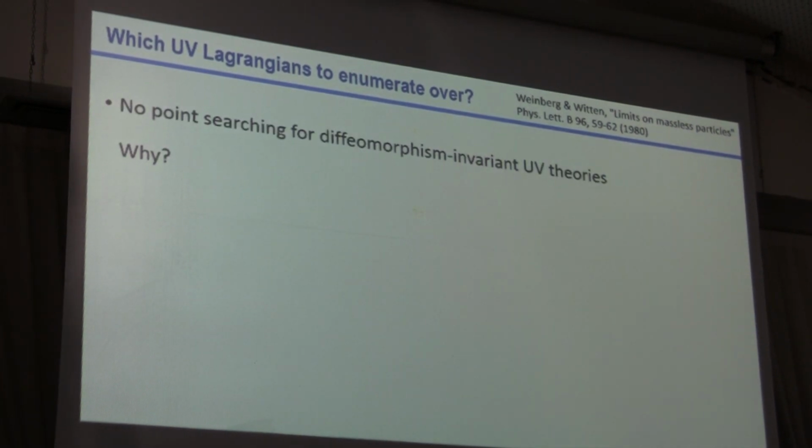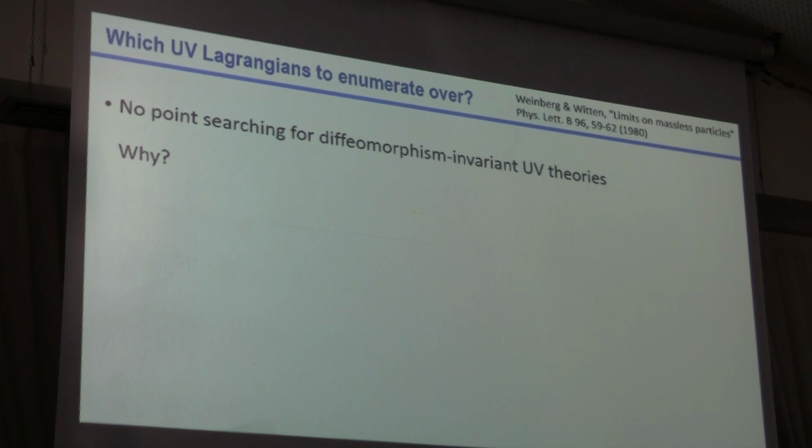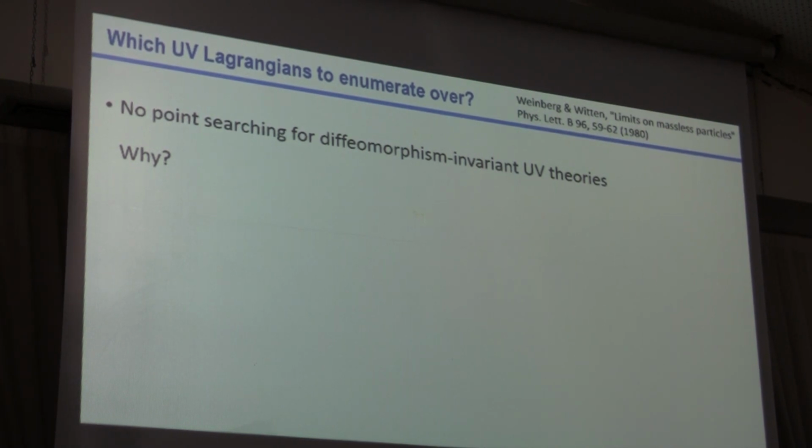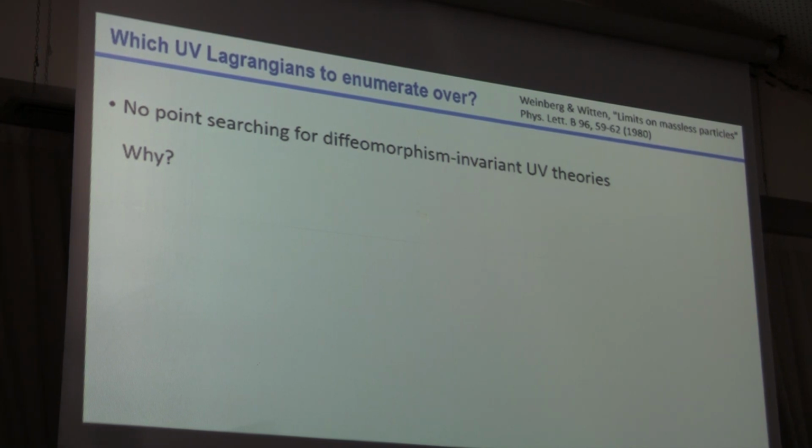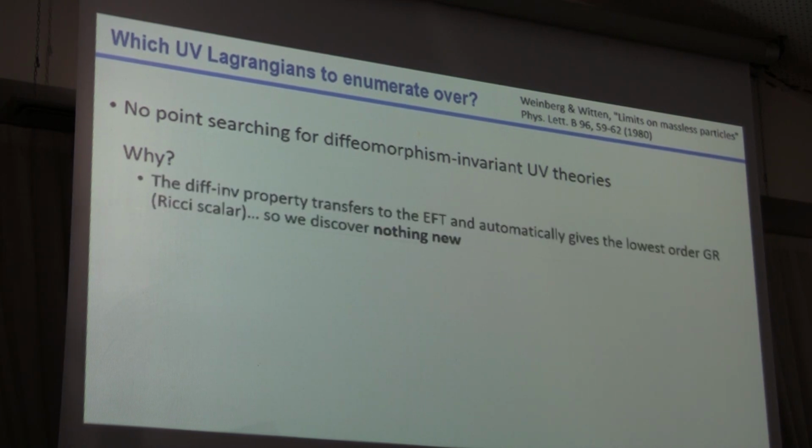And on this, we can say briefly that there is no point searching for diffeomorphism invariant UV theories. And that's, I think, the most common thing people do in EFT, actually. And there is no point doing this because, well, multiple reasons. But one is that this property will transfer to the EFT, and then it will automatically give us the lowest order GR.